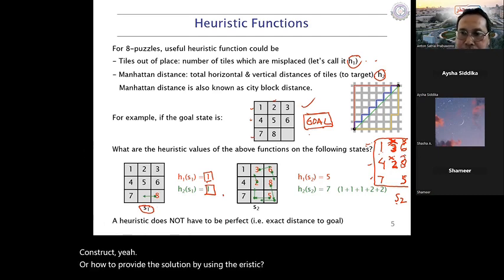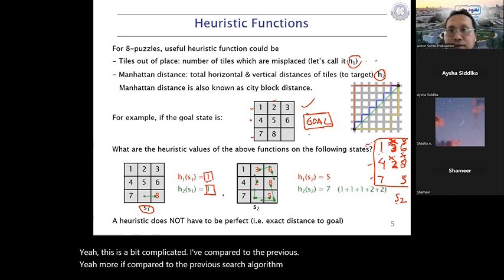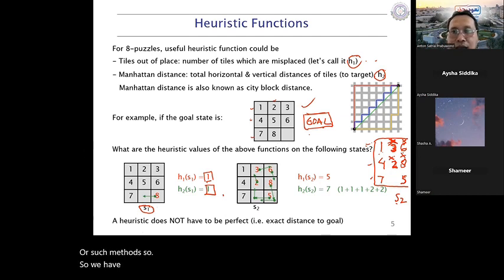This is a bit complicated, more complex compared to the previous search algorithms. So we now have 4 tiles out of place.